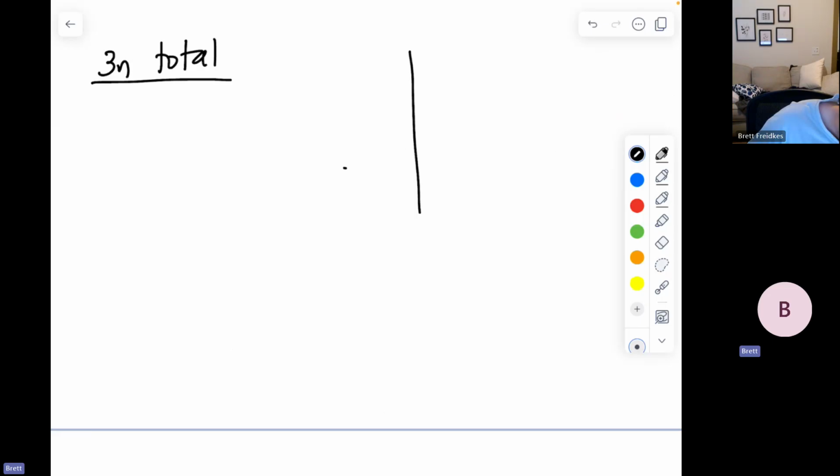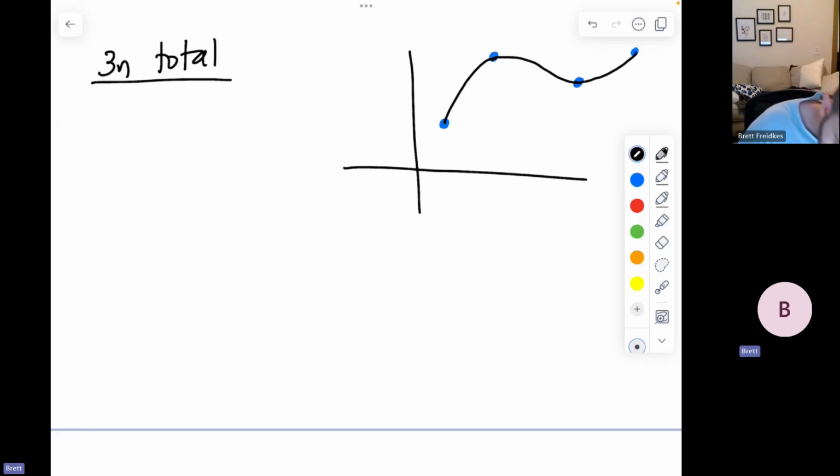Let me just draw a picture here. Maybe we'll just have four data points. This will be 3 splines. So this will be F1, F2, and F3.